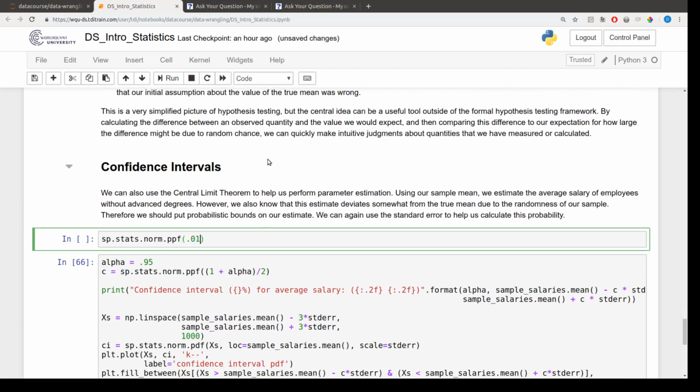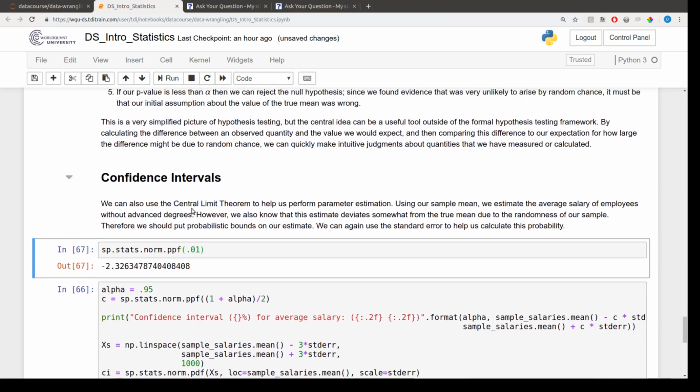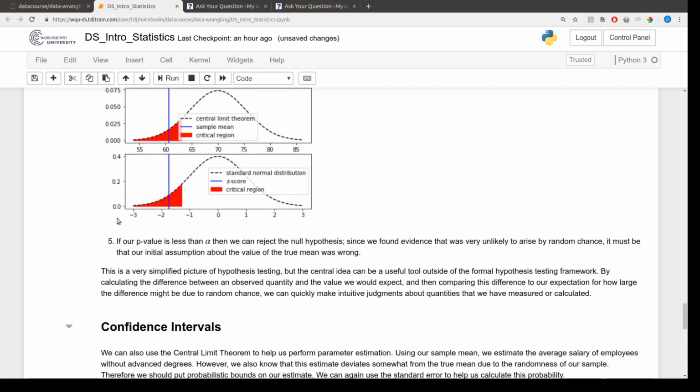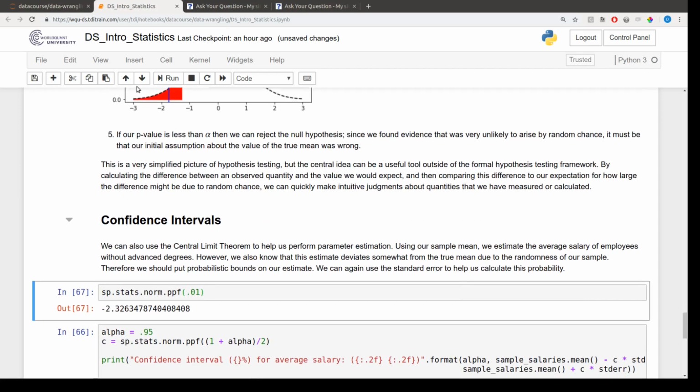So if I ask for 1% of the probability, or 1% of the area, if I go from minus infinity up to negative 2.3 on the x-axis, then I capture that 1% probability. If I want 5%, I have to go further right to minus 1.6.